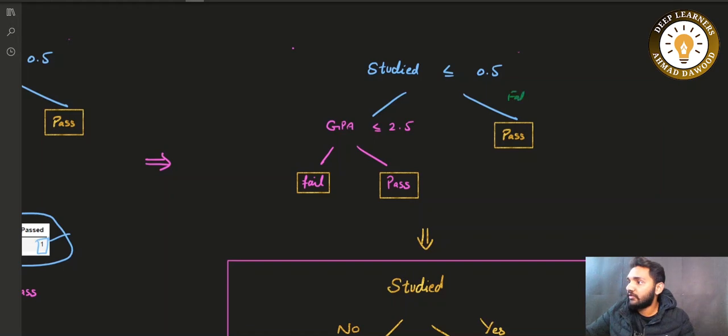So this will be a false case, and this will be a true case. This will be true, this will be false. So if a person has studied less than 0.5 and has GPA less than 2.5, they will fail, and if they have GPA greater than 2.5 they will pass, and if a person has studied greater than 0.5 they will pass.